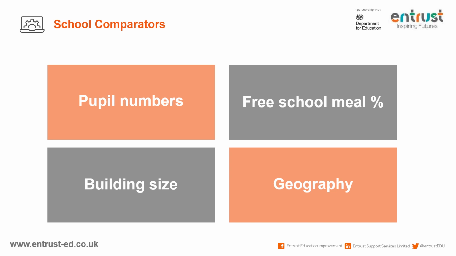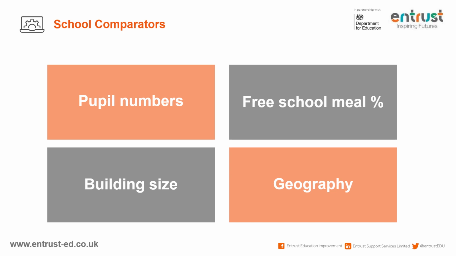Pupil numbers is a crucial factor and one that is commonly used whilst carrying out benchmarking. Government research has found that the percentage of children attracting free school meals is a particularly key factor in getting a good comparison school. In addition, if you are an urban school, you should avoid comparing yourselves to rural schools if possible, and vice versa.